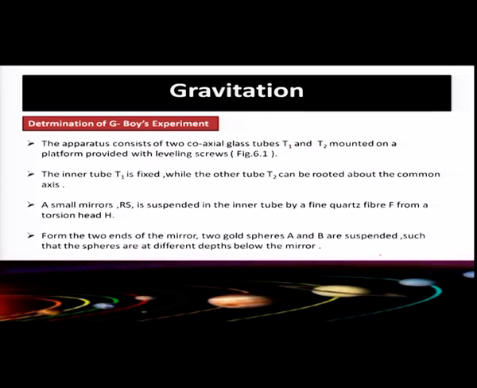So, for the determination of the gravitational constant, we have the apparatus. So, this is the apparatus for the gravitational constant, and the apparatus consists of two axial glass tubes T1 and T2. So, where are the two tubes T1 and T2?